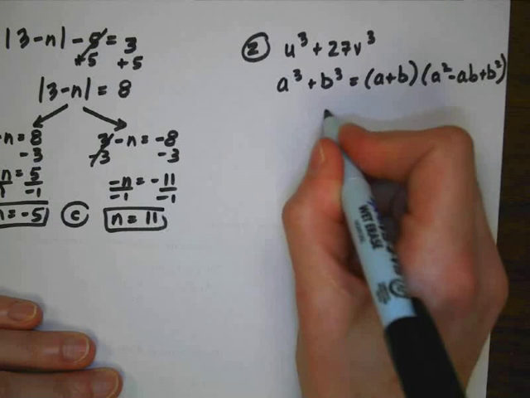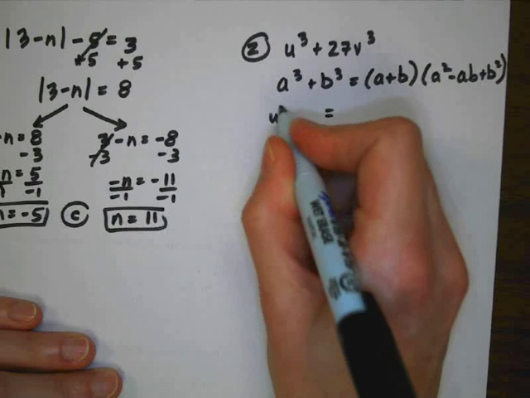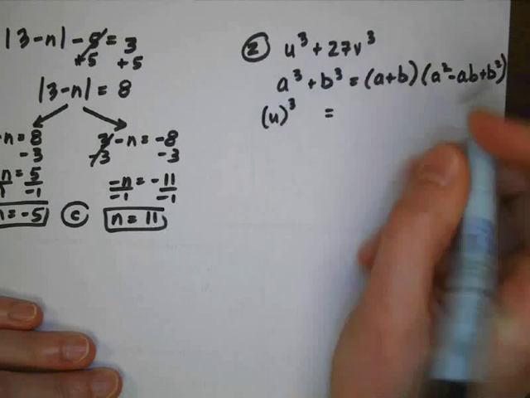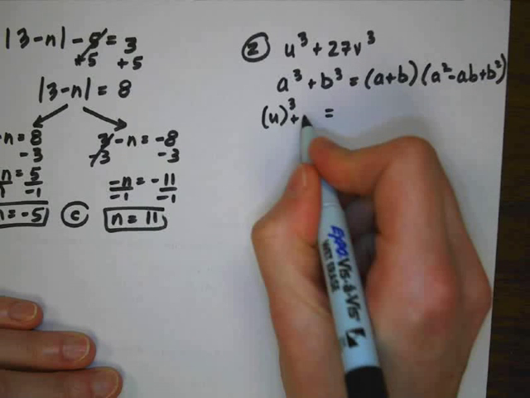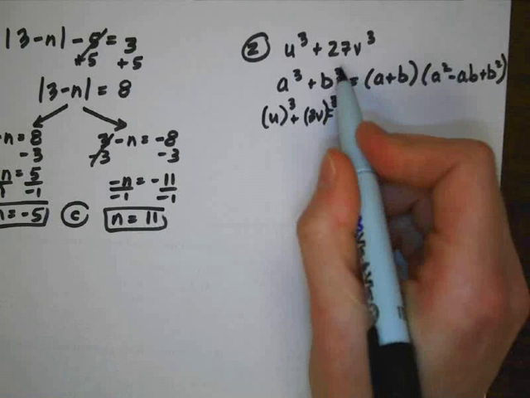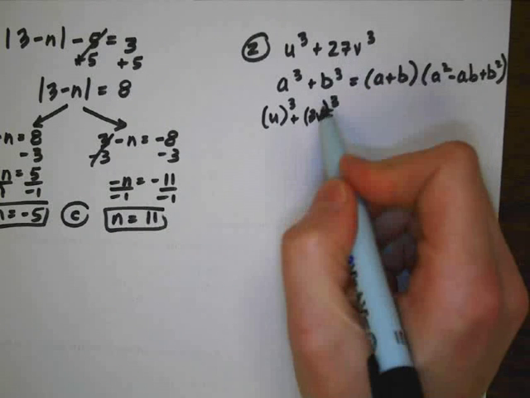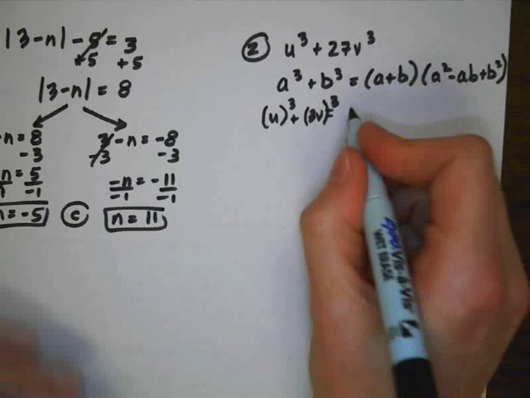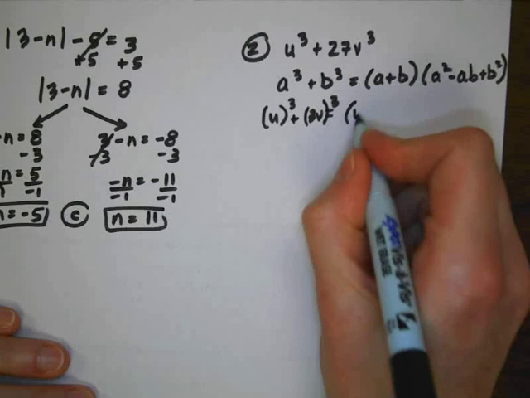So what we're doing is essentially replacing all of the a's with a u and all of the b's with a 3v. Now the 3v came from the cube root of 27 is 3 and the cube root of v cubed is v. All right, so let's go through and start replacing.